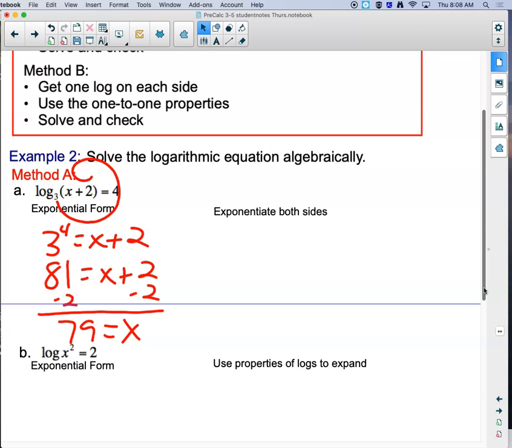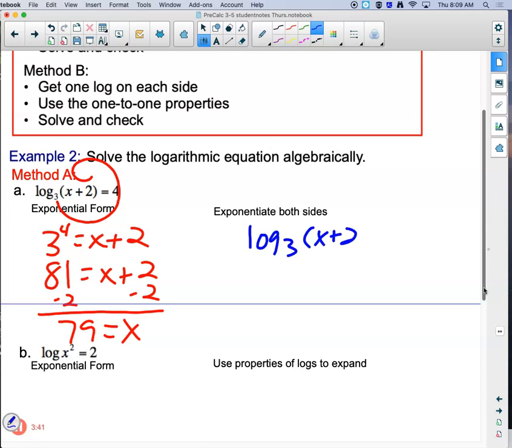Now, the other method is to say, okay, let's just purely follow the language, the vocabulary, and exponentiate both sides. Now, this is the one that feels a little awkward, and that's because once the logarithm is isolated, exponentiate both sides means I have to raise something to a power.